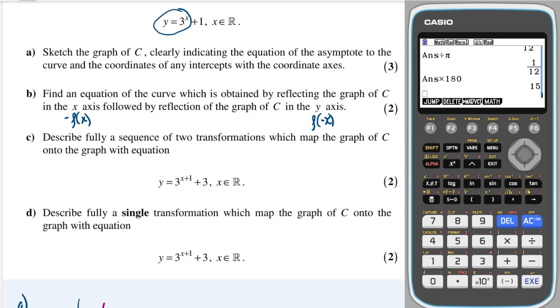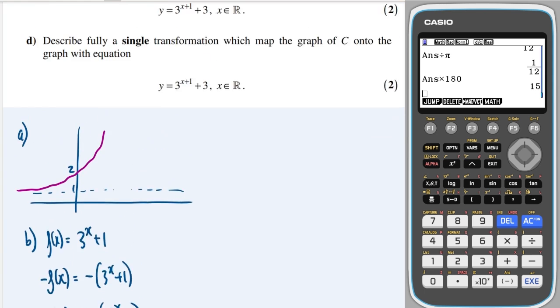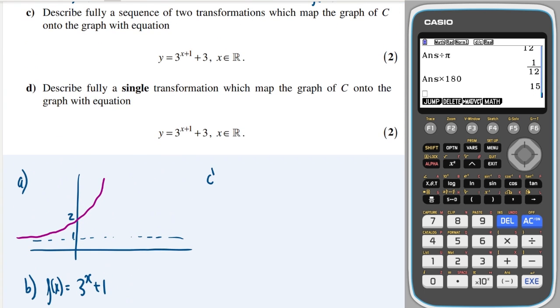Describe fully a sequence of 2 transformations which map the graph of C onto the graph with this equation. Okay, so two transformations. Well, what I can see here is that the x has been replaced with x plus 1. So that means f of x plus 1, which we know is a translation by, that's 1 to the left, isn't it?